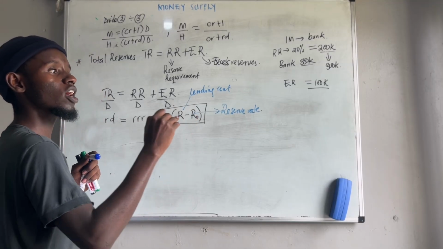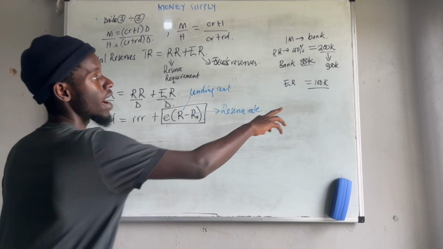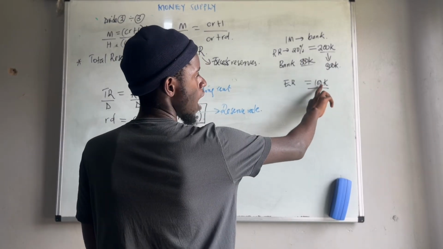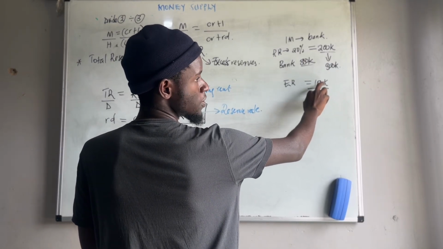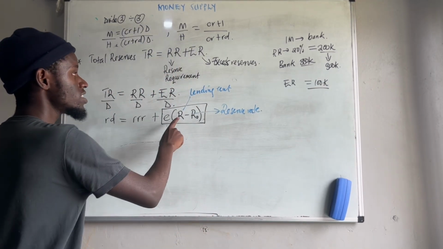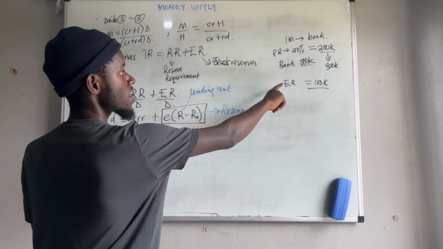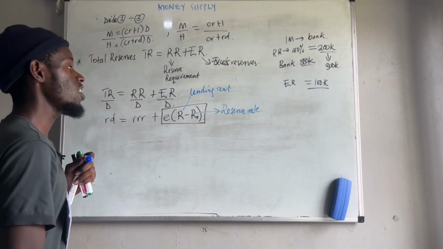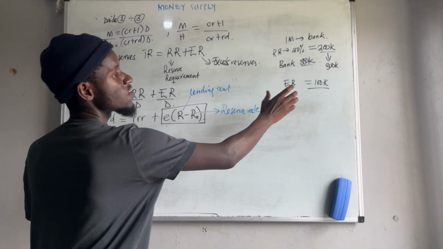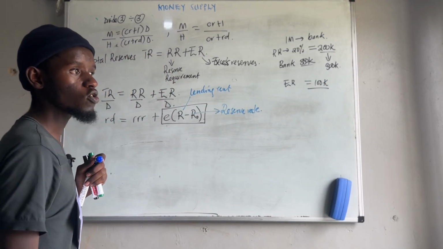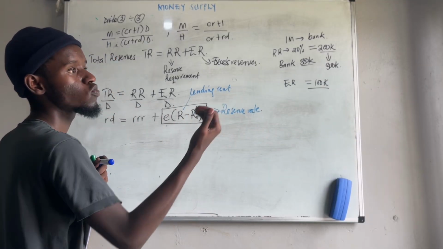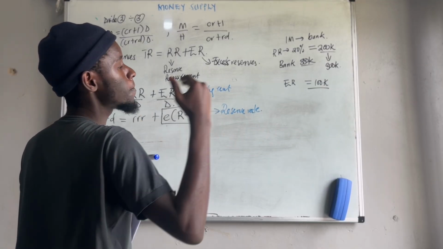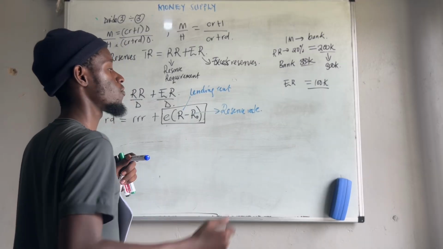Therefore, it will make a loss by keeping the money with the central bank, because this extra 1k could bring in a lot more profits than keeping it with the central bank. Therefore, if the lending rate is high, excess reserves will be low, because commercial banks won't keep an extra amount of money with the central bank, but would rather lend it out to the public so as to earn more profits.